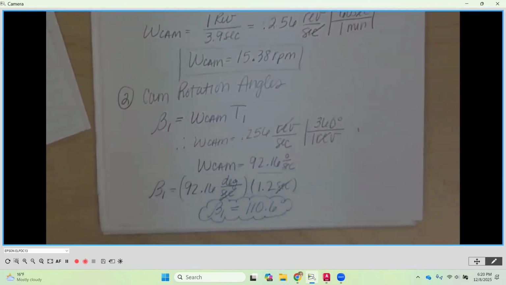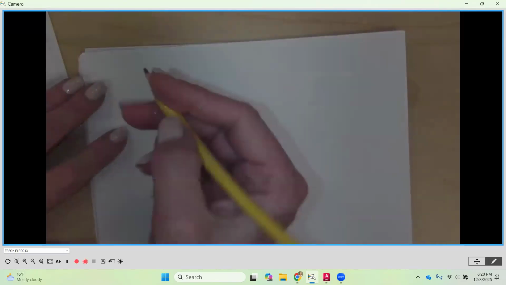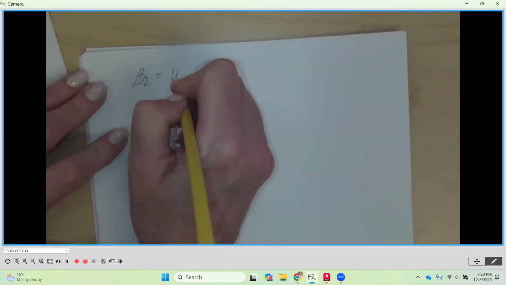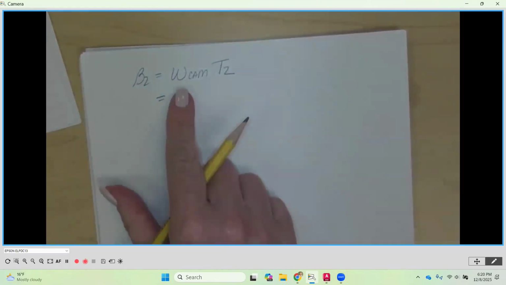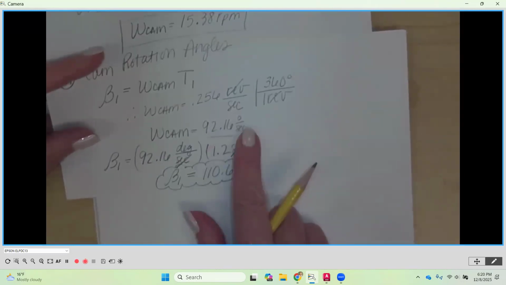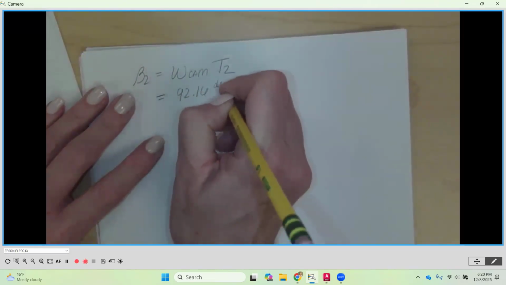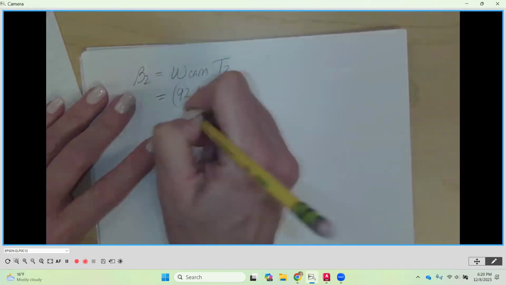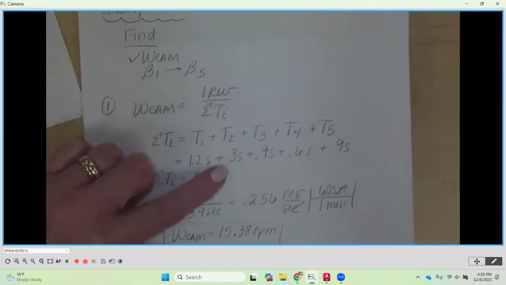So now we want to do this for each one of our times. So let's do it for time 2. So we're going to do a beta 2, okay? So beta 2 is going to be equal to W cam times T2. And then we're going to take that value that we just determined, the 92.16 degrees per second, and multiply that times the time 2, which is 0.3.